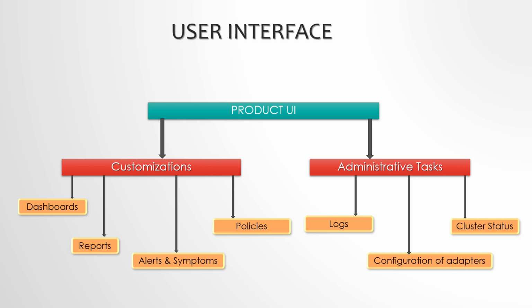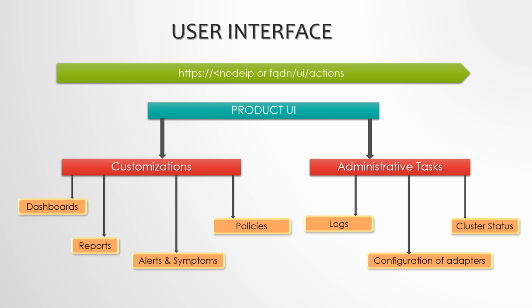If you want to access this UI, you just have to type this URL, that is https://your node's IP or FQDN/ui/actions. In production, it is always recommended to use FQDN instead of the IP.